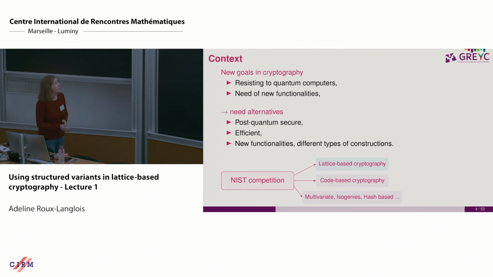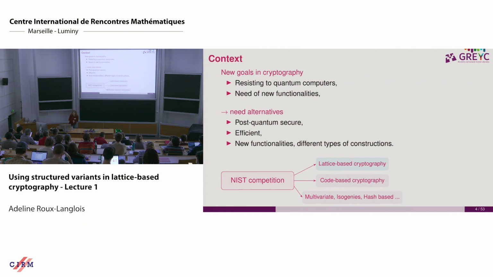That's where lattice-based cryptography arrives. So first, the new goals in cryptography: as I just said, resisting quantum computers, and the second one is that you don't want to just encrypt messages. Encryption is nice, sending messages is nice, but it's not the only thing you want to do. We use cryptography in a lot more applications than that.